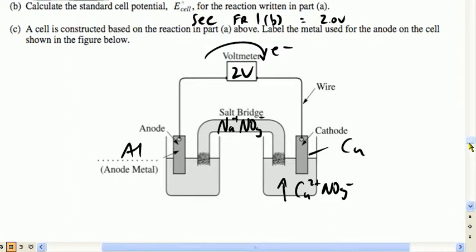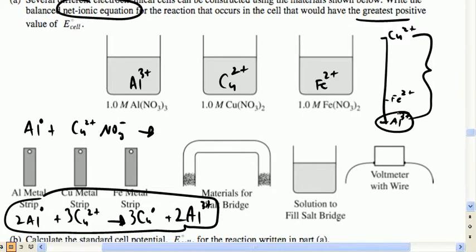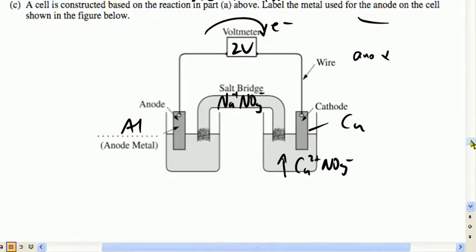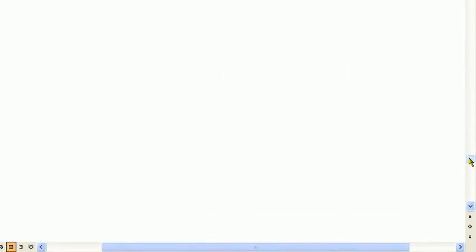They say a cell is constructed based on the reaction in part A. Label the metal used for the anode. Okay, An-ox. We know that this is going to be oxidized because it's lower. This is higher. And we know the cathode is always higher. So, there you go.